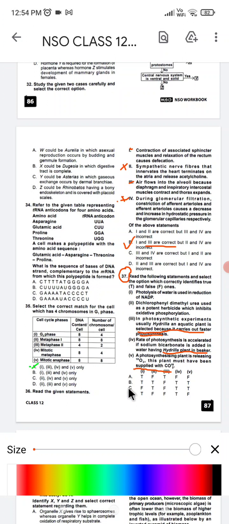Okay, these are the 4 options A, B, C, D. Among these 4 options, you have to choose the best answer. And in question 37, the correct answer option is D. That is, the first one is true, second one is false, third one is false, fourth one is true, and the fifth one is false.